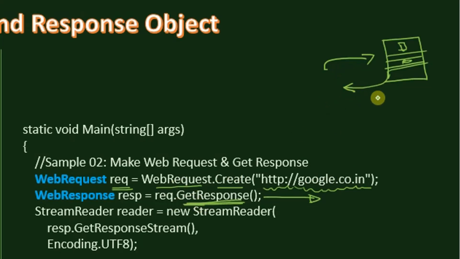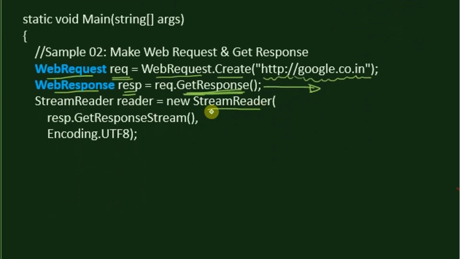This response we are storing here. Request.GetResponse means the request goes and the response is coming back, and you can see we are using the WebRequest object and the WebResponse object.